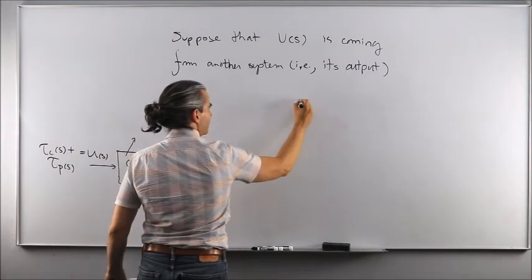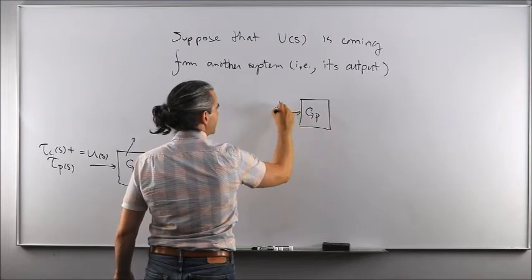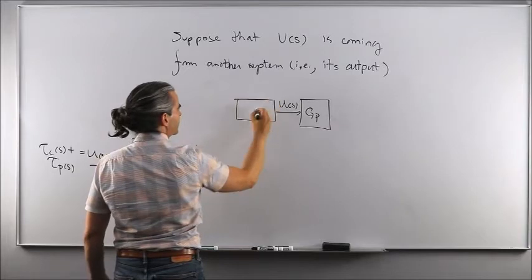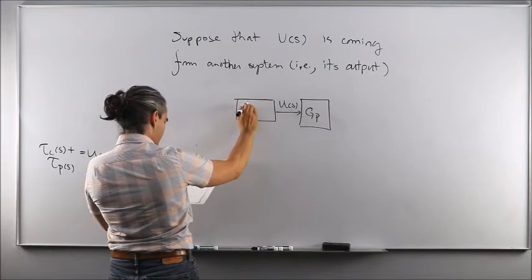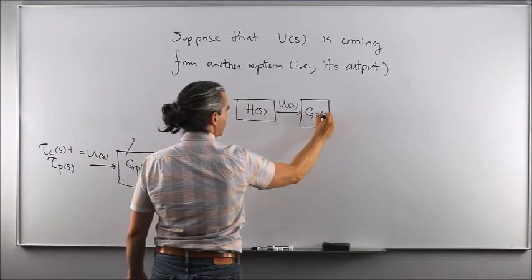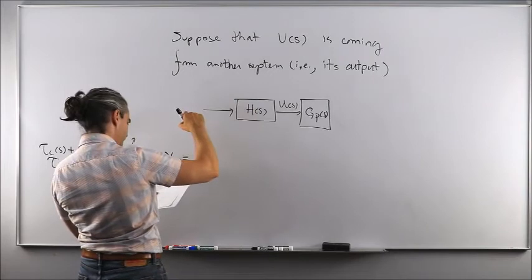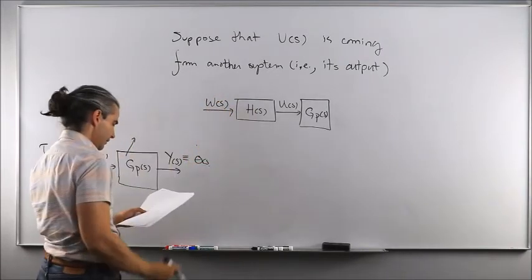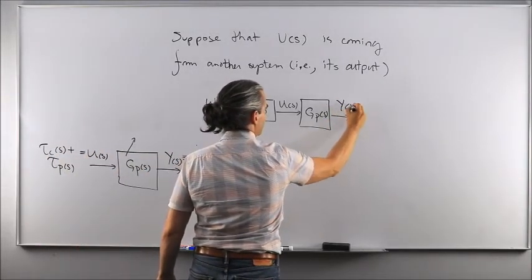So let's say we have our plant transfer function, GP, with its input signal. And let's assume that this input signal is coming from another transfer function denoted by H. And H could be whatever. All right? But H takes as input W, like this, such that you can write, and here you have the output of your plant like this.